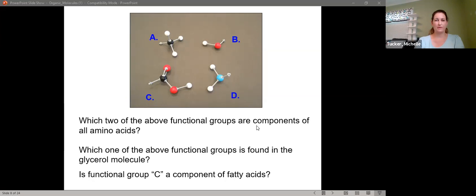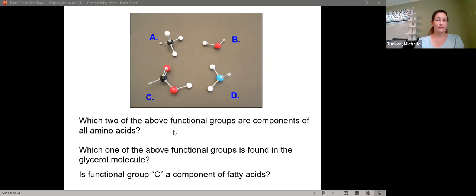And then what is the other one that is a part of every amino acid? So the amino group, and there's one other one, C. And what is the name of C? You don't remember? Yep, carboxyl group, very good.